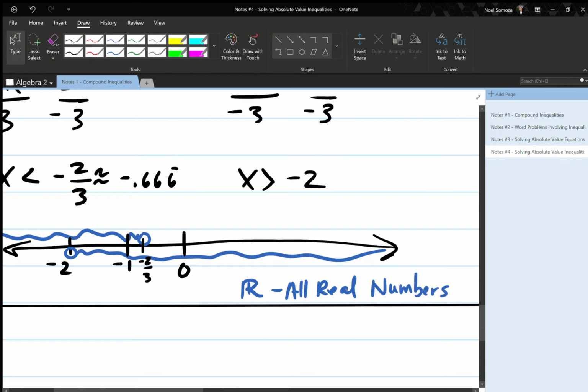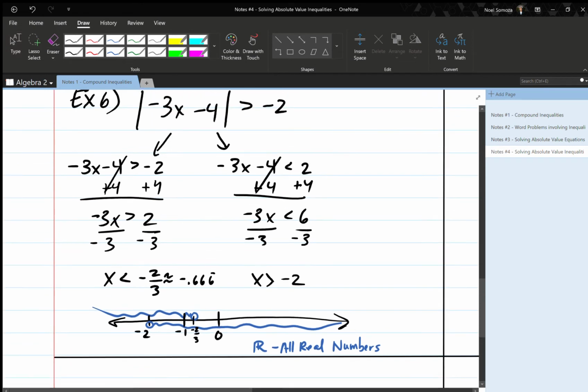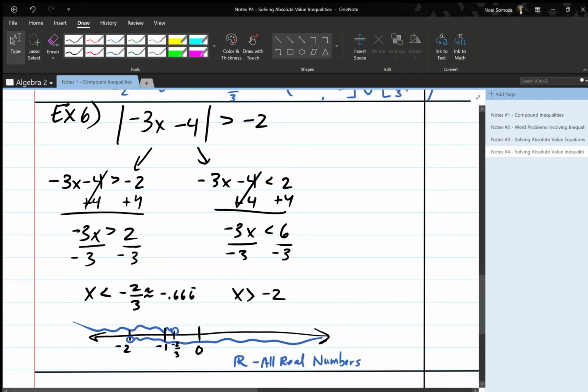And that makes sense because if I go back, I just need a number to be positive. Any positive number is going to be greater than negative 2. Even if it's 0, 0 is greater than negative 2. So any number I plug in for x, regardless of what happens on the inside, the absolute value turns it back into a positive, and positive always is greater than a negative. So we get all real numbers.